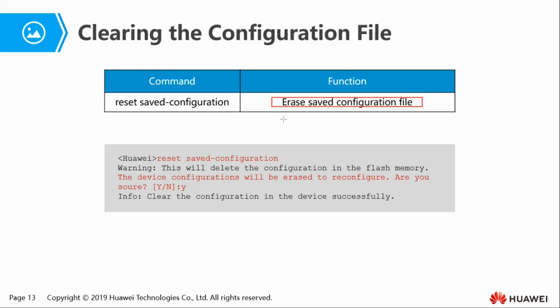So whenever you want to delete the device startup configuration file from the storage device, you use this command. It's going to ask you, do you really want to do it? You choose yes, then it will be deleted. Once you delete it, the default configuration file will be used when the router or switch is started the next time.